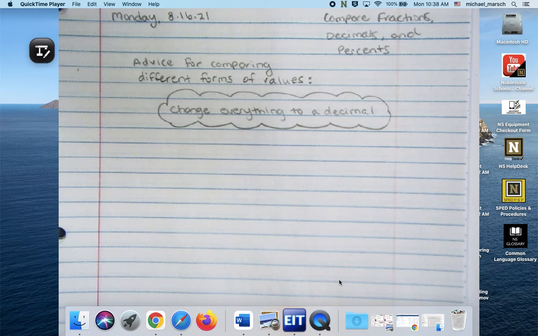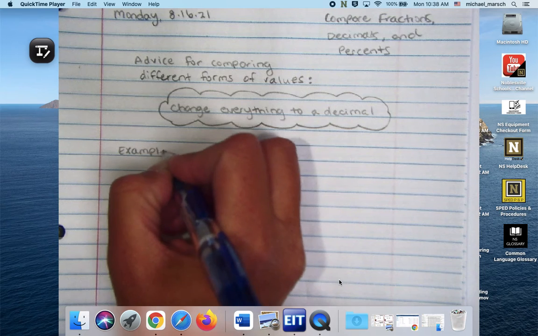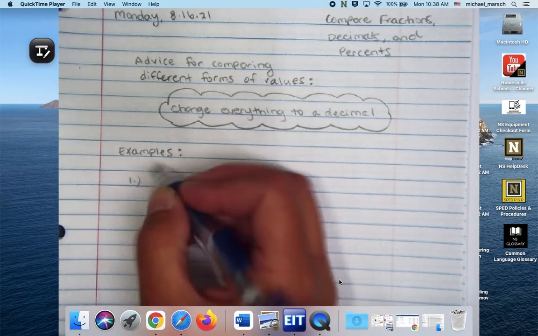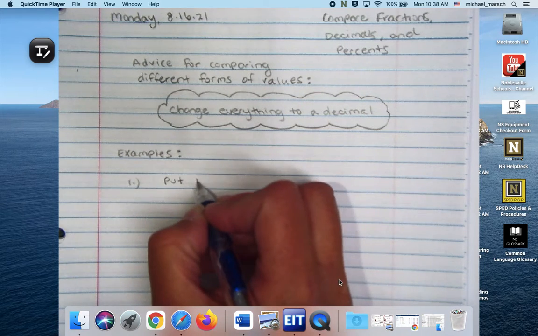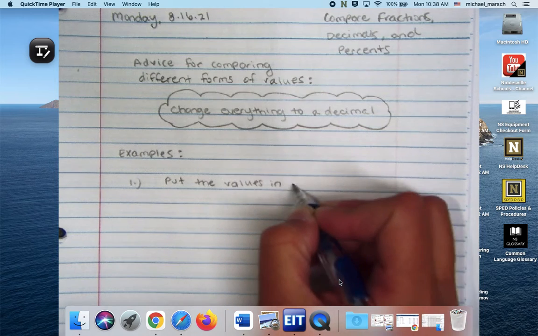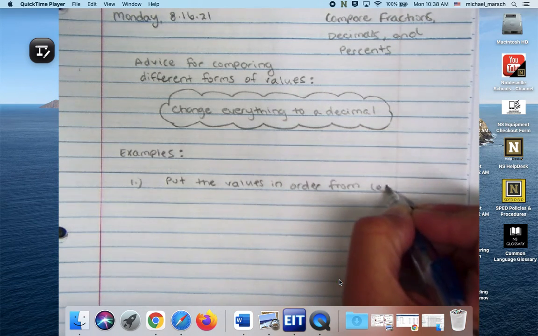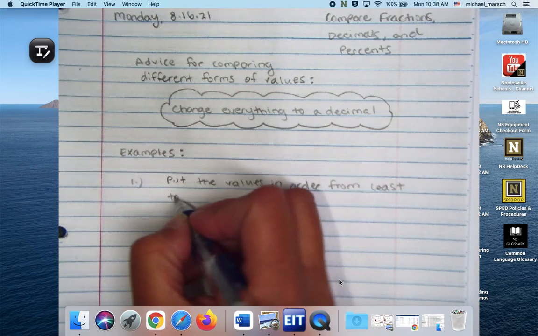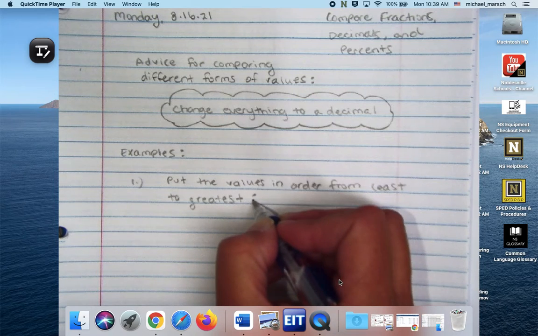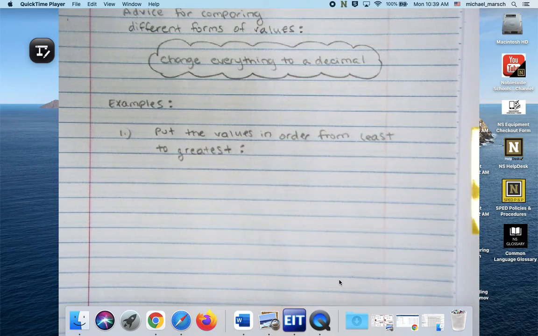So we'll do a few examples. So we're going to put some values in order from least to greatest.